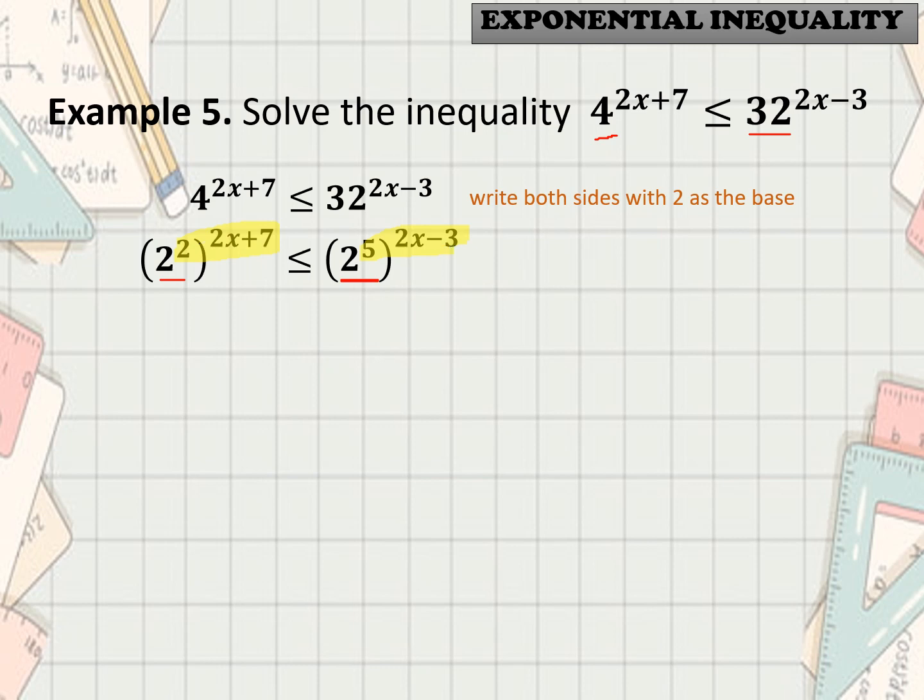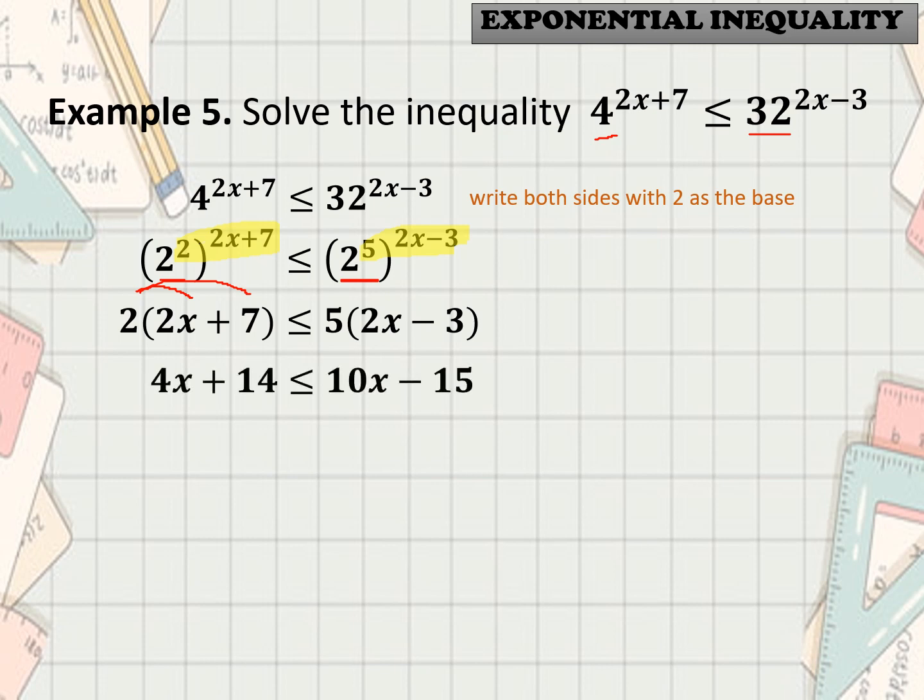So, bring down natin tong mga exponent. Okay, so si 2, distribute natin. So, 2 times 2x, then 2 times 7. So, equal lang yan kay 4x plus 14. Then, si 5 naman, distribute din. 5 times 2x is 10x. Then, 5 times negative 3 is negative 15. Okay, now let's combine like terms.